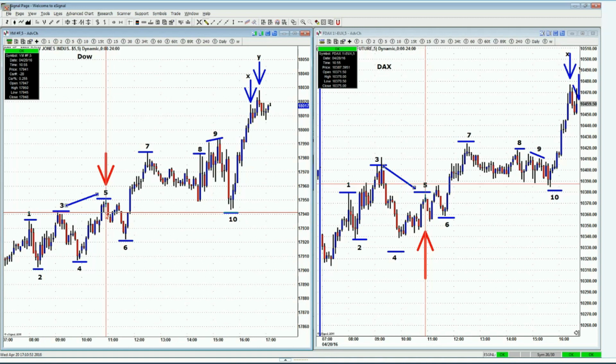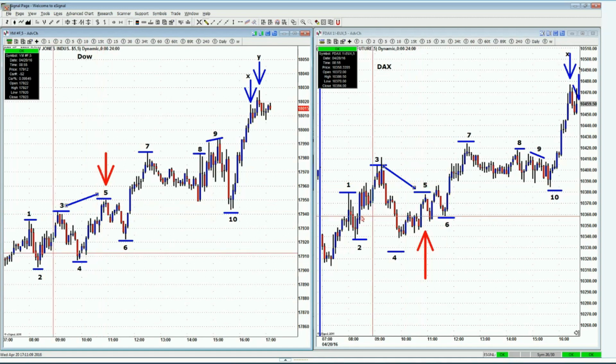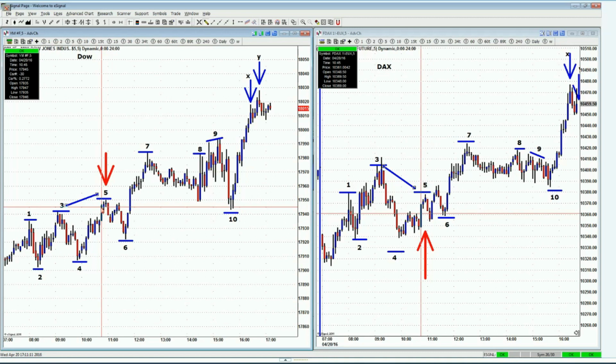And there are two ways that you can deal with this. The first one is that you actually sell the moment it makes a higher high. So the moment that you can observe that one index makes a higher high and the other one is not making a higher high, you can sell the index that is weak.